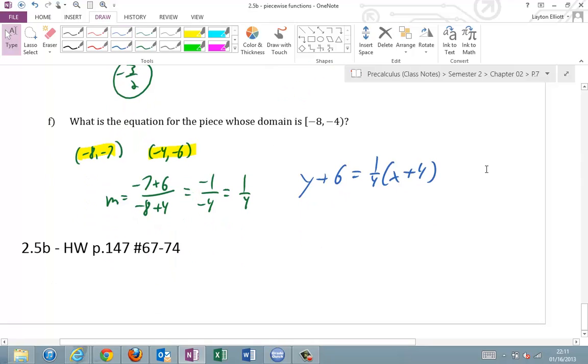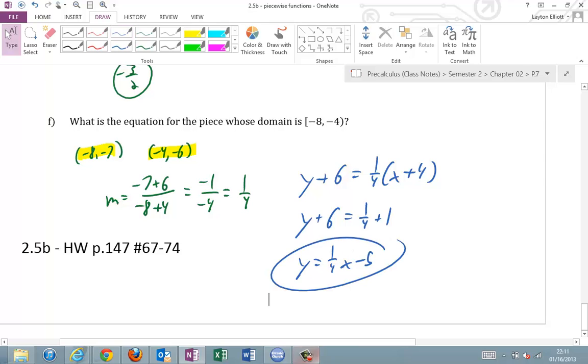Since it's a function, we're going to express it in function notation, which means slope-intercept form. y plus 6 is equal to 1/4 x plus 1, or y is equal to 1/4 x minus 5. That would be the equation for that particular piece. And we're done.